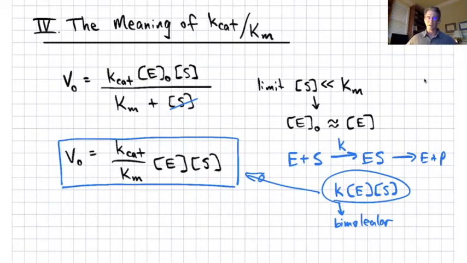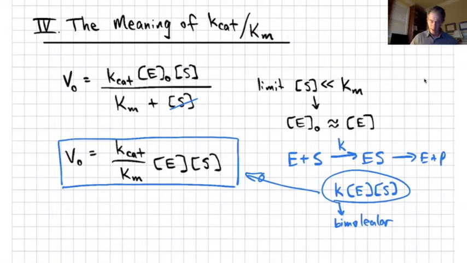So basically, what kcat over Km represents is an apparent second order binding constant for the rate at which the reaction generates product, governed by the rate that the free enzyme binds to the substrate.